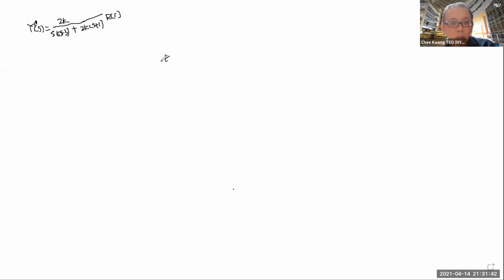This is k over s plus 3. And then the other one is 2 over s. You got 2 over s here. And of course, below is s plus 1, right? So your 3 blocks are here. Now, of course, this is your summing block, which is plus here.